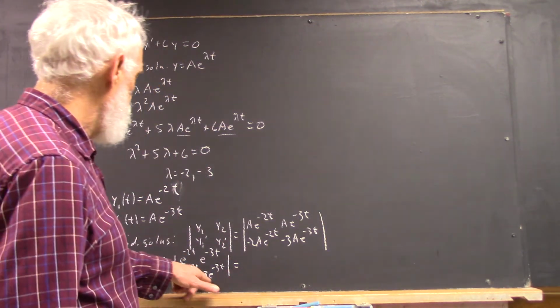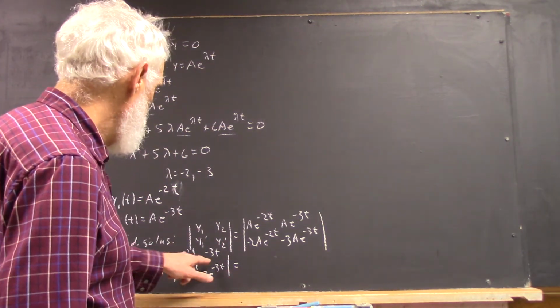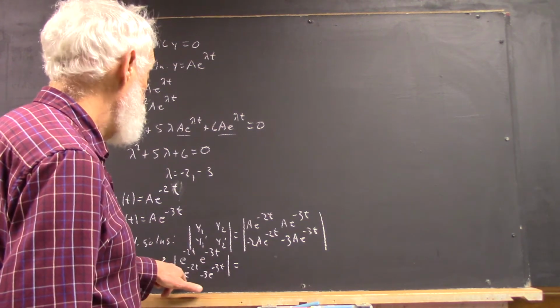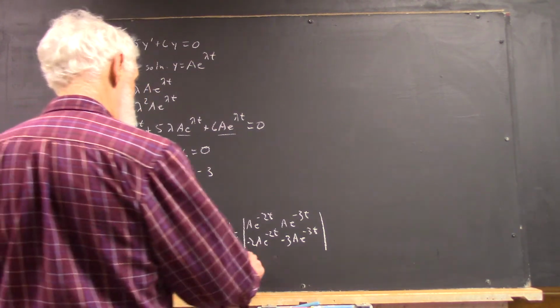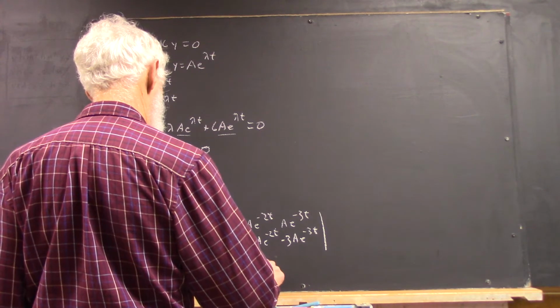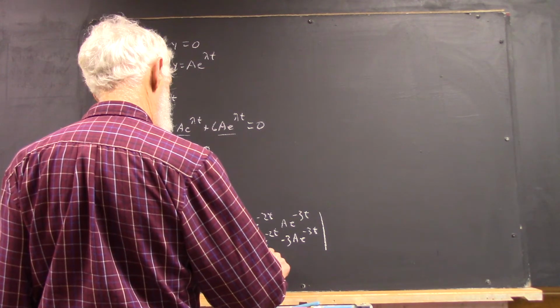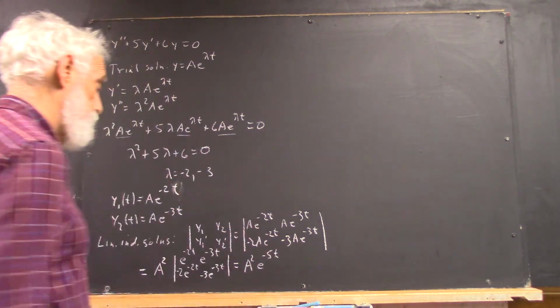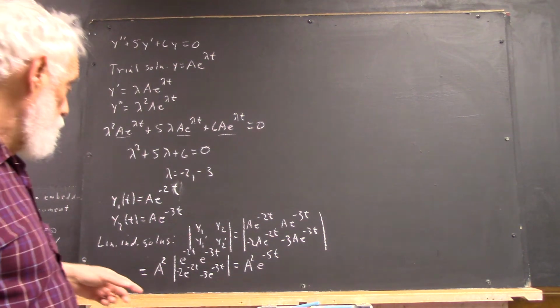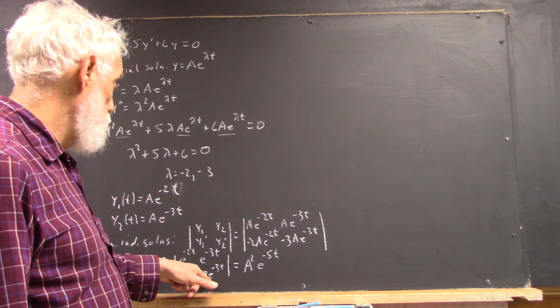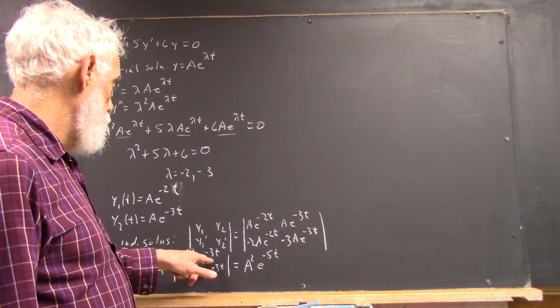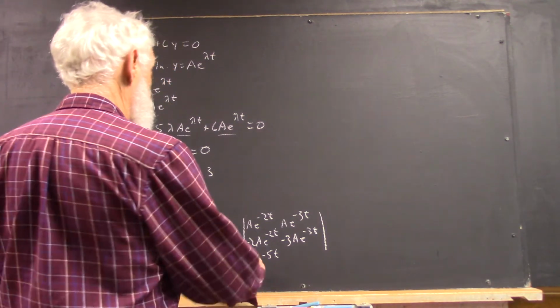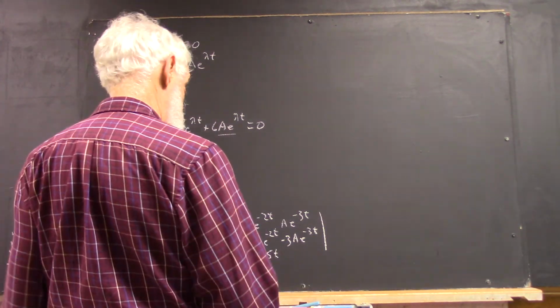Well, we have -3e to the -5t and 2e to the -5t, and that's just going to give us a squared e to the -5t. Okay, let's make sure of that. We have -3 and plus 2, so it'd be -a squared e to the -5t.